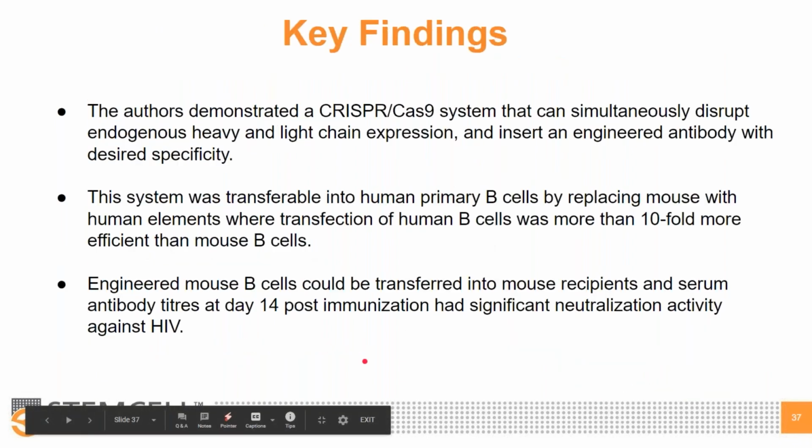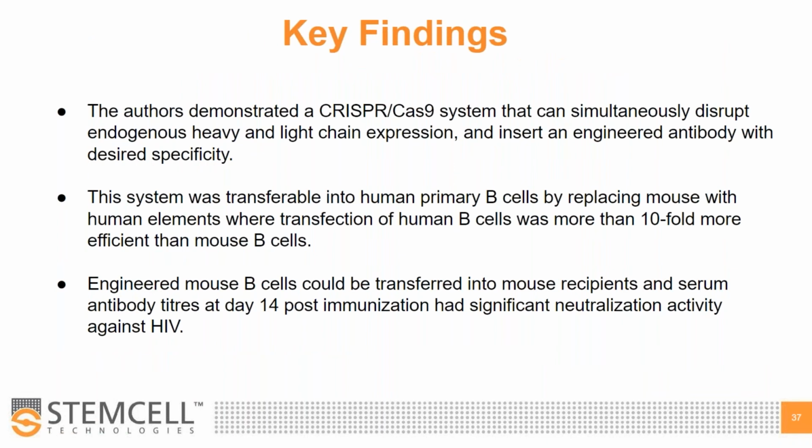To summarize the key findings of this paper, the authors demonstrated a CRISPR-Cas9 system that can simultaneously disrupt endogenous heavy and light chain expression and insert an engineered antibody with desired specificity.